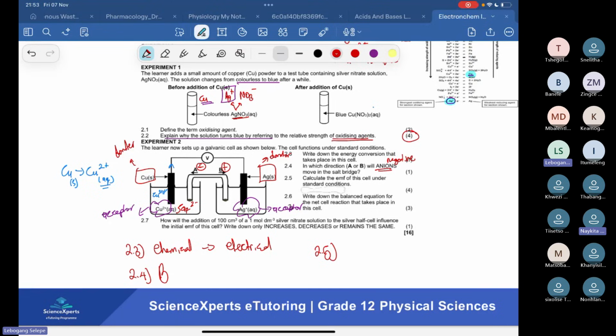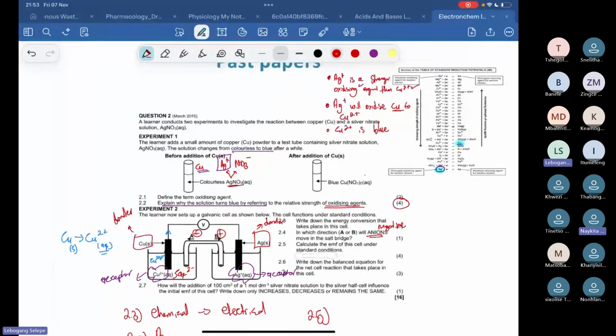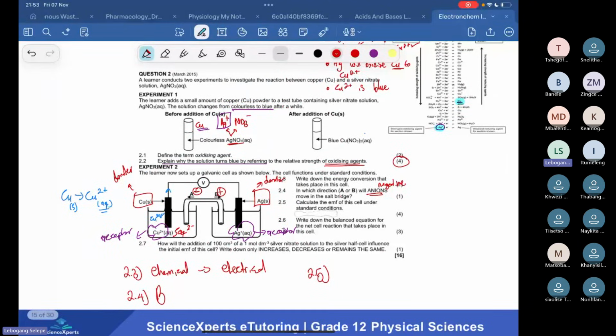So electrons will flow from A to B. At Cu it will be the anode, so electrons will flow from A to B.